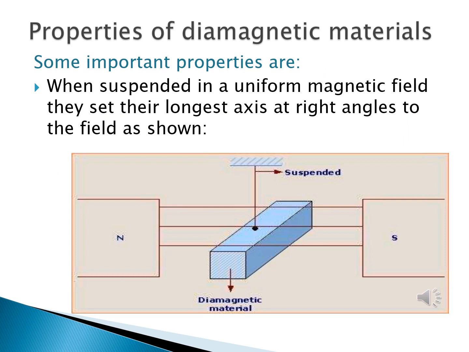Properties of diamagnetic materials. Some important properties are: when suspended in a uniform magnetic field, they set their longest axes at right angles to the field.